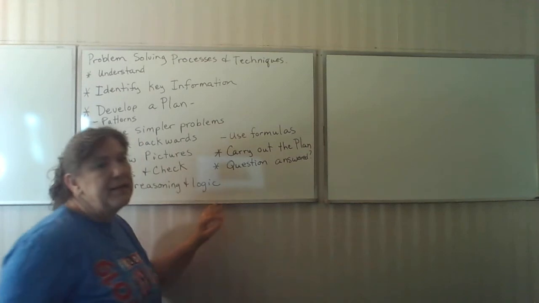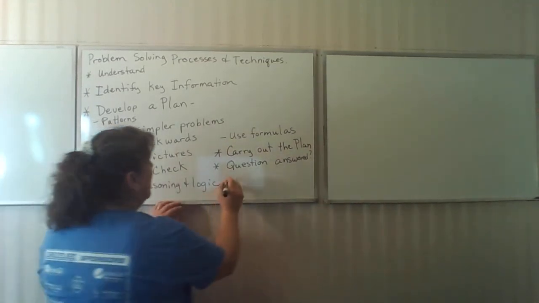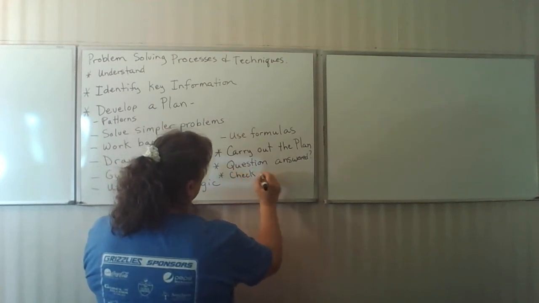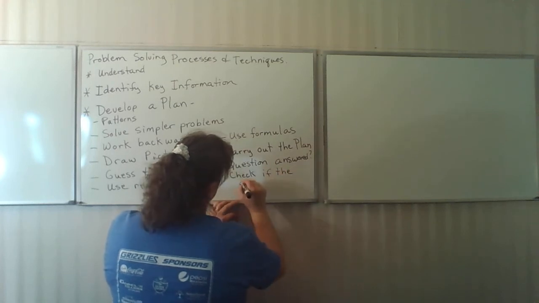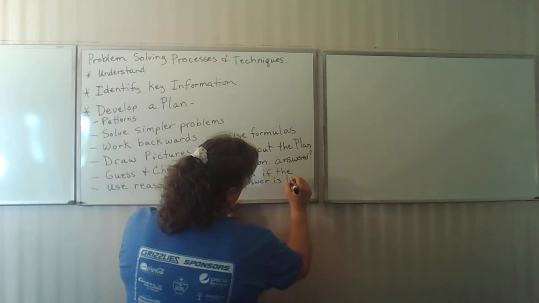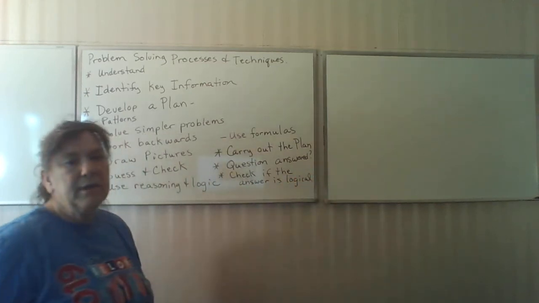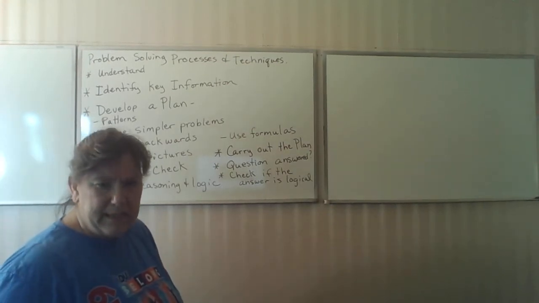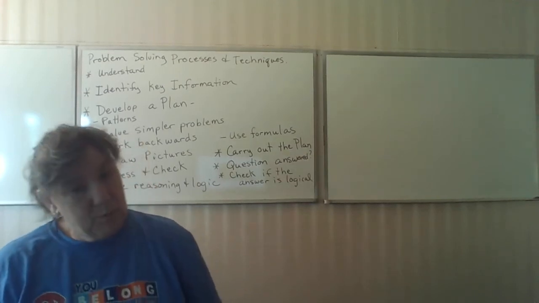If it isn't answered, it means you're not finished. And then lastly, check if the answer is logical. I use that one a lot. I will look at an answer and go, that answer doesn't look like it makes any sense. And then that tells me that I have made a mistake somewhere.